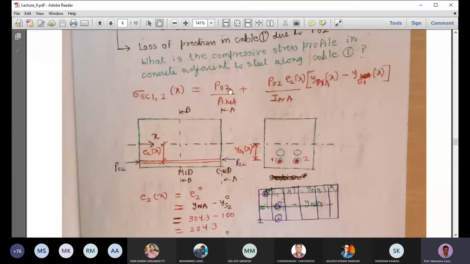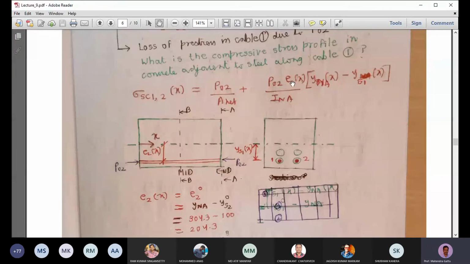Here we have P02 by A, and here the moment P02 into E2. Instead of E2, I'll put E2 of x, because if E2 varies, then the moment also will vary. Post-tensioning from cable 2 will produce different moments if the eccentricity is different.